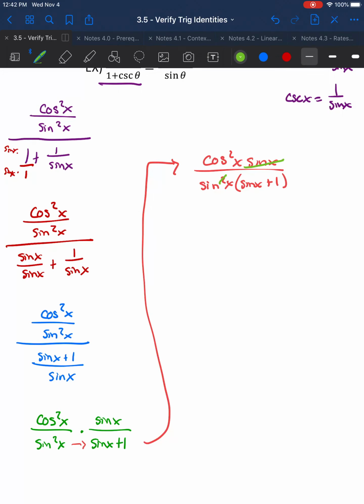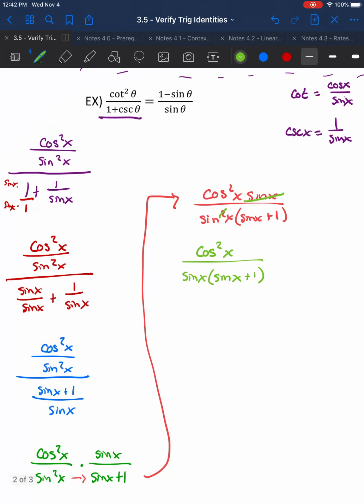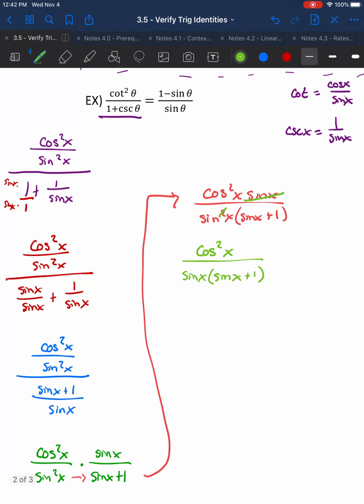This is a good thing because now look, I can cancel this sine with one of these. Well, we're getting a little bit better. Okay, we at least have sines in our problem.